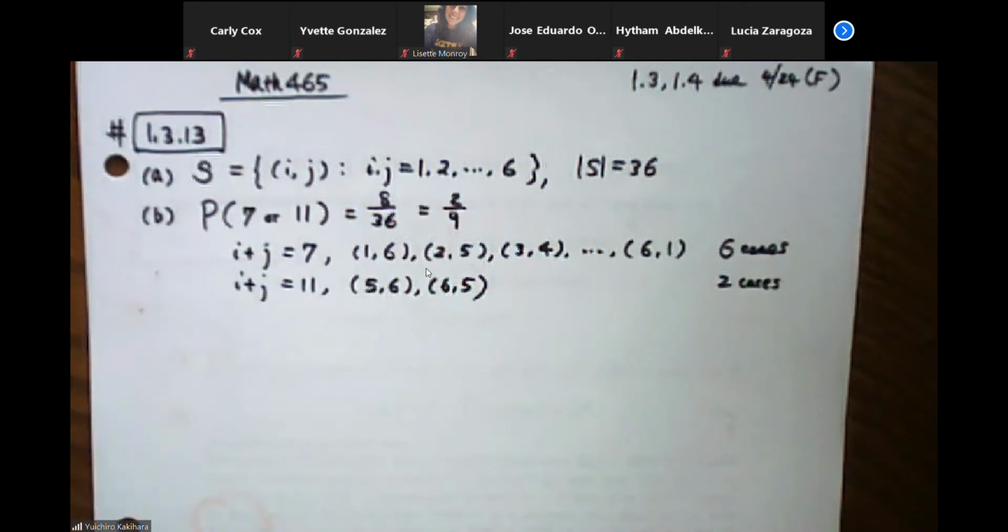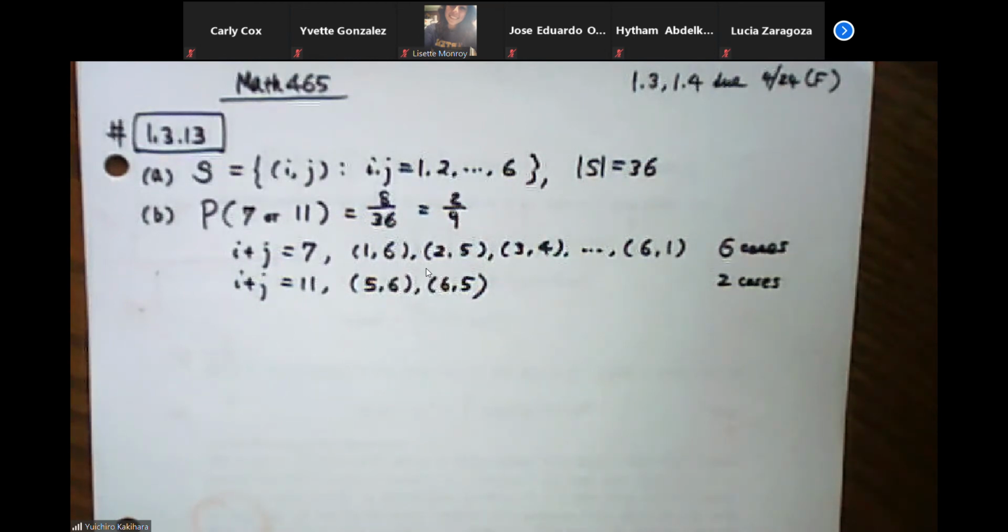Part C is, let me read the question. This is 1.3, number 13. Given that 8 is the outcome on the first roll, find the probability that the player now rolls the point 8 before rolling the 7 and thus wins.